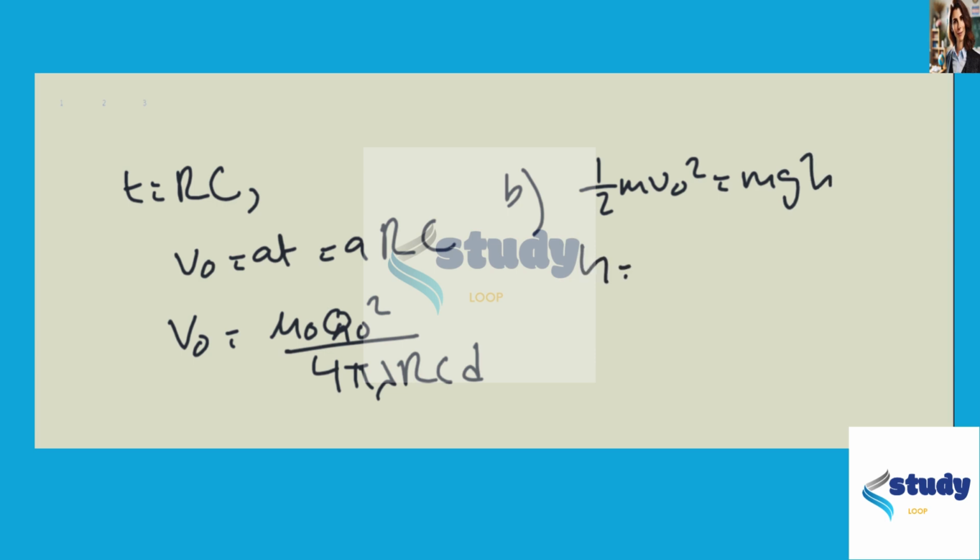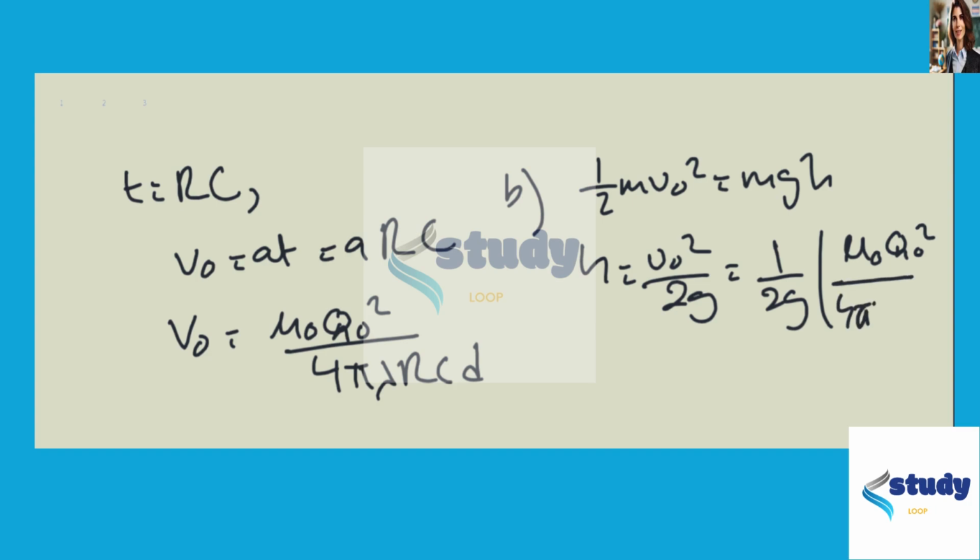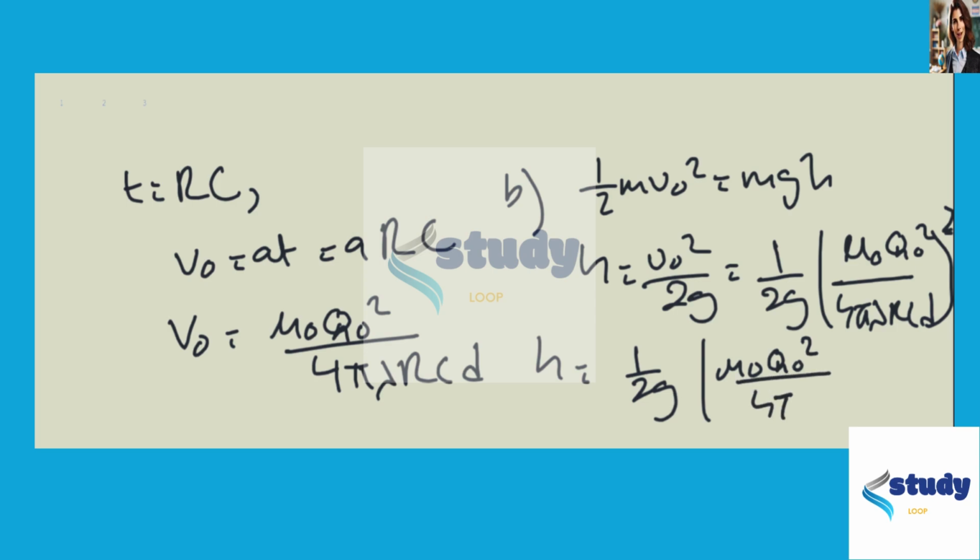From here, h will be equal to v naught square divided by 2g, that is 1 over 2g times mu naught Q naught square divided by 4 pi lambda R C d, this whole squared. So this will be the height of the wire.